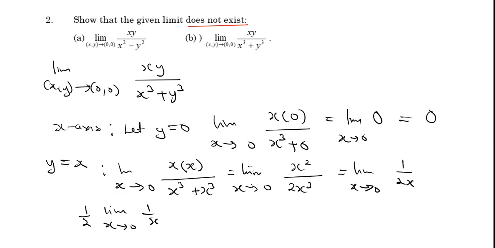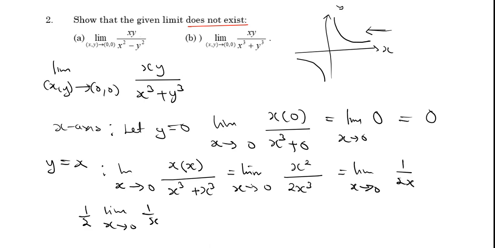Now I must analyze this. What is the limit as x approaches 0 of 1 over x? If I sketch this 1 over x, you see that I'm going to have something like this. It goes that way and it goes that way. This is y and that's the x here. What does this mean for me?